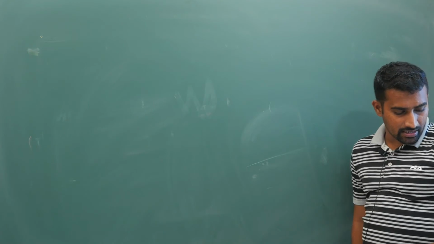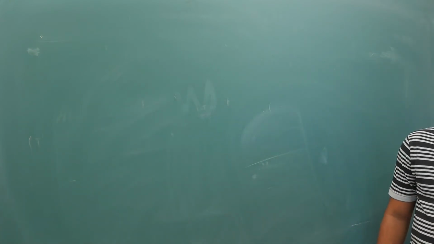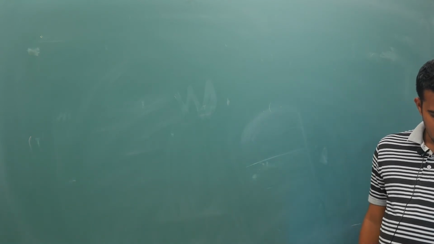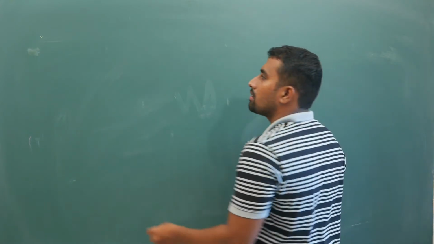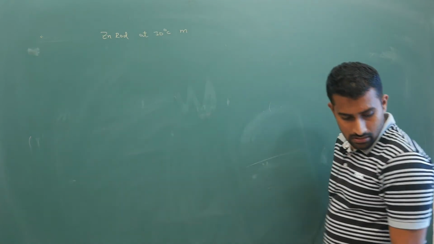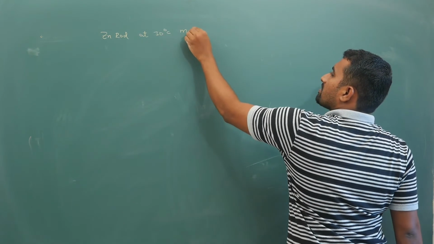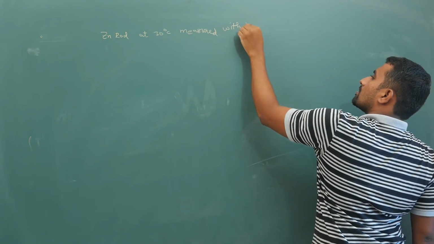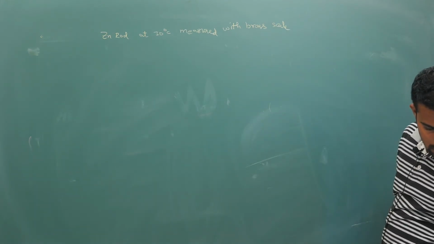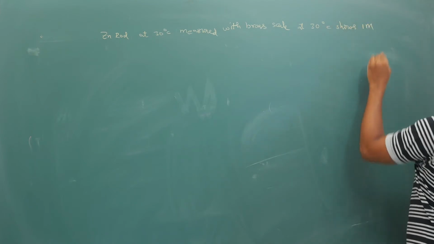A zinc rod at 30 degrees centigrade, measured with a brass scale at 30 degrees centigrade, shows 1 meter length.